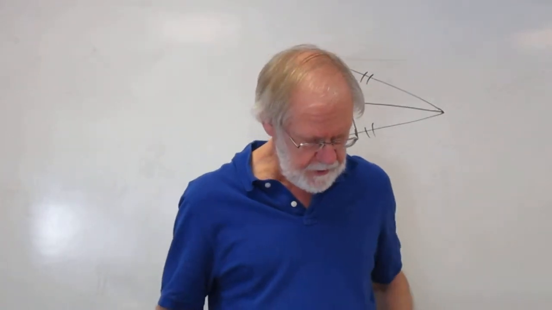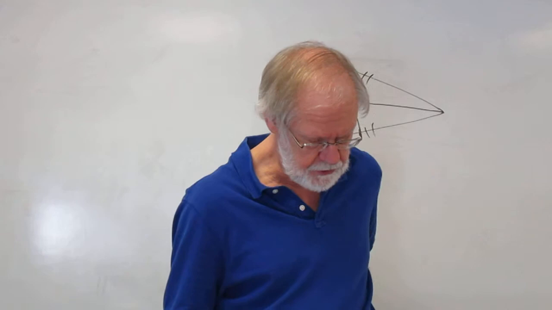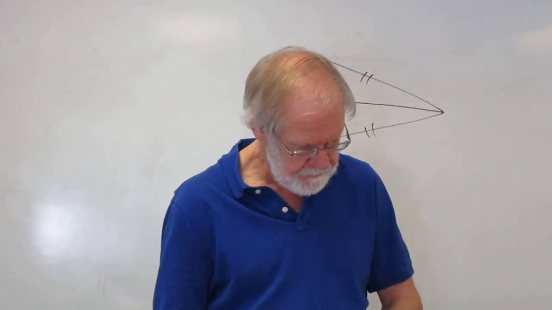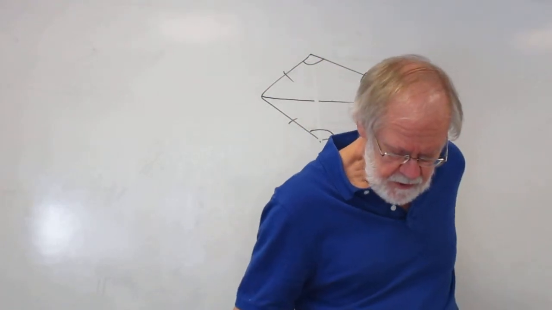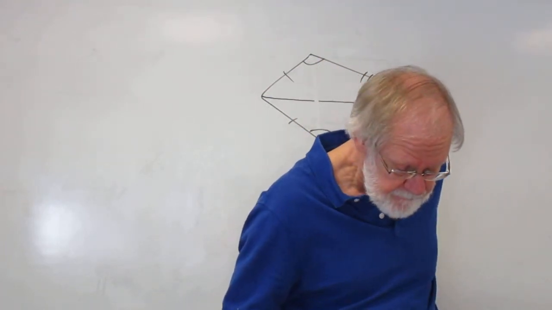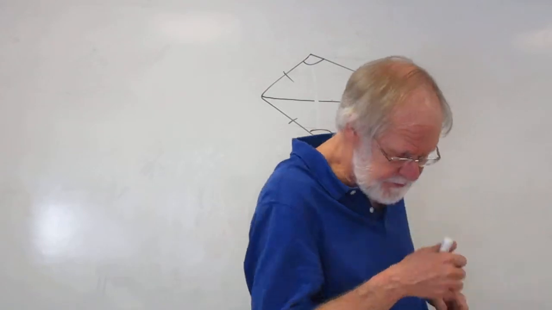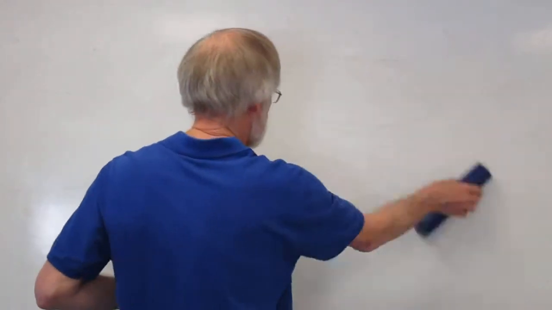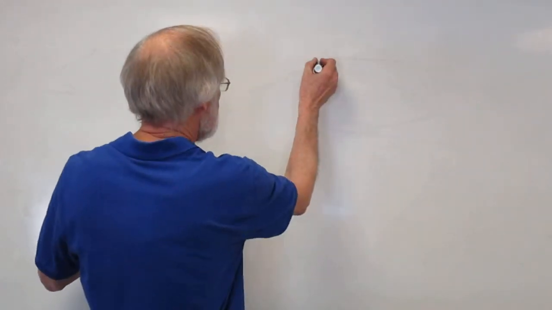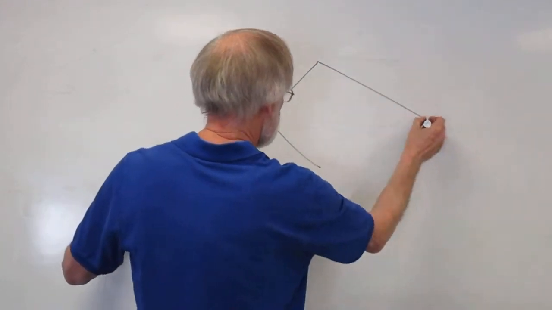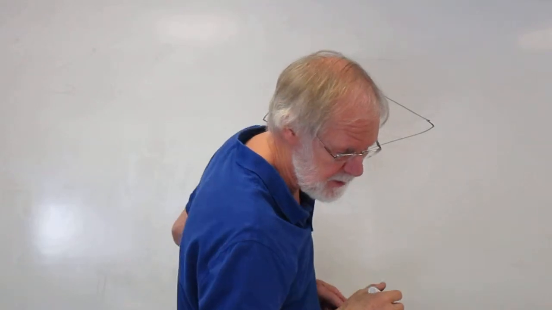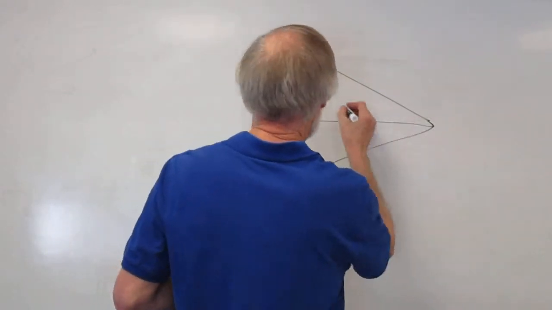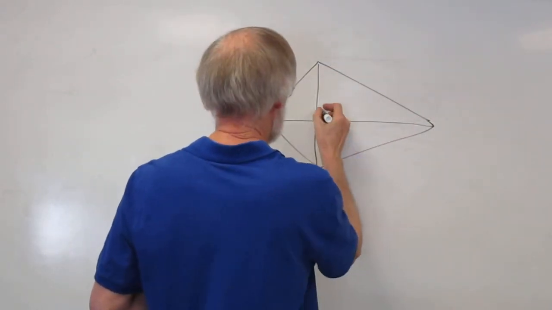All right, now let's take a quick look at a problem or two here. Let's do this one. You have a kite which looks kind of like this, and you have diagonals here and here, and remember they're perpendicular.